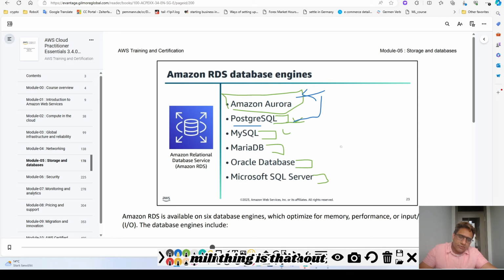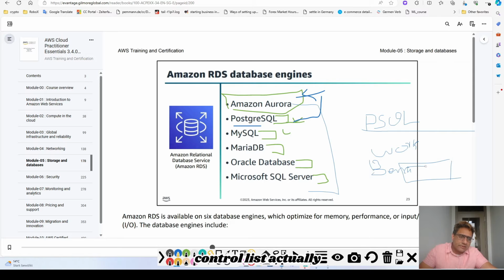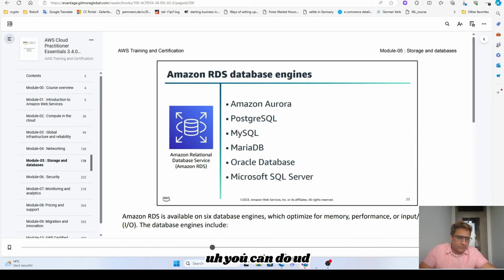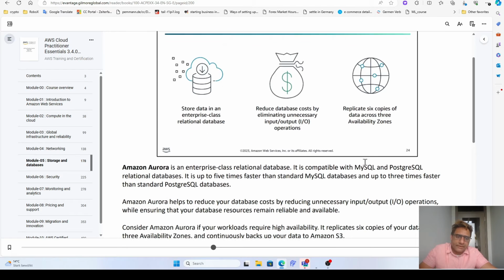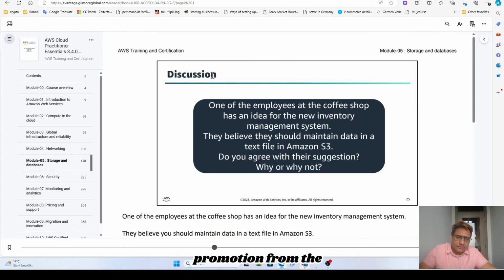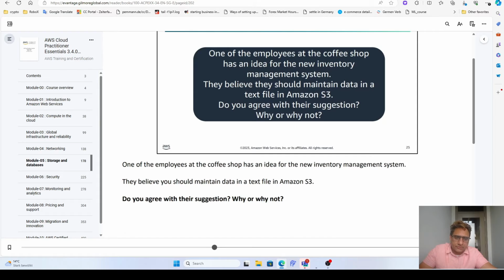And the good thing is that you can always access these databases, whatever you created, with psql from the query line or Workbench, a front end where you can see your tables and manage the data. This is some promotion for Aurora, it's okay.